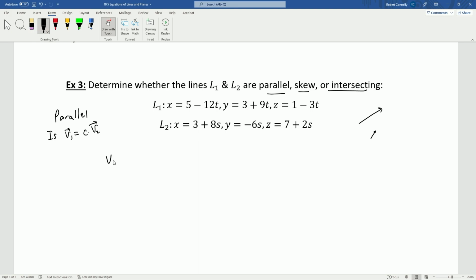Well, let's check. v1 here is going to be negative 12, 9, and negative 3. And v2 is going to be 8, negative 6, and 2.